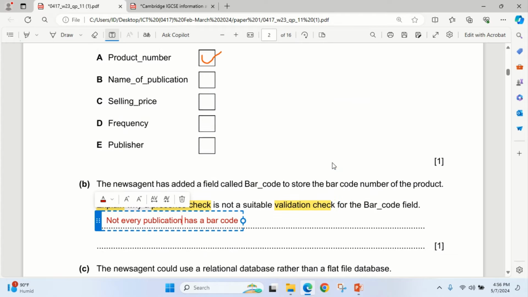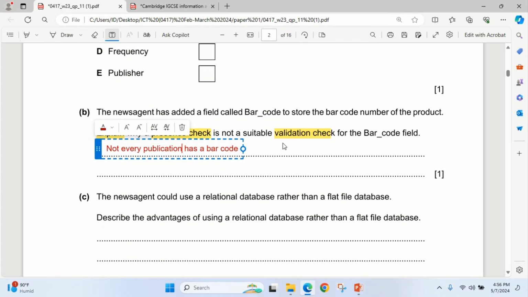It is quite possible. So you can't use presence check. Why? Because if you use presence check, that means the field must not be empty. It must not be null. So presence check cannot be used for barcode, because if presence check is used, that means every publication must have a barcode. So take note of that.